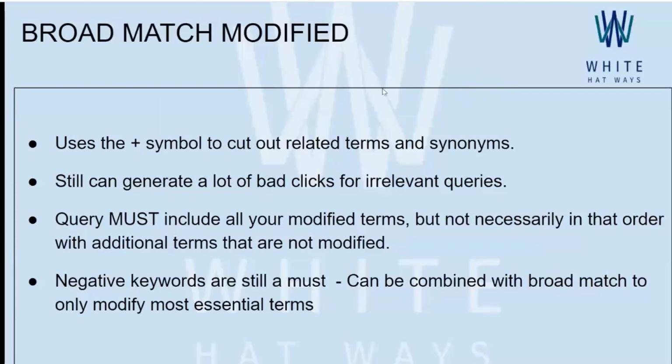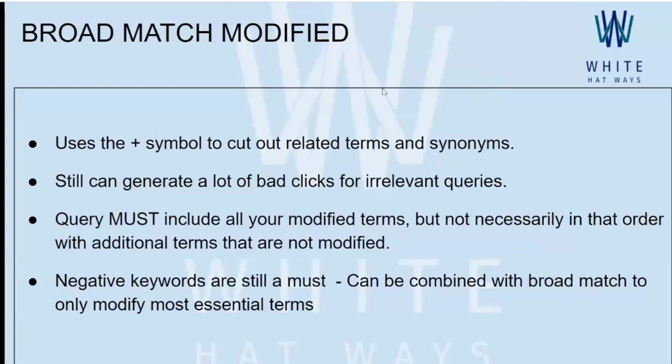So you need to still use a lot of negative keywords along with such match types which are broad match modified types. These are the match types which use plus symbol. They generate a lot of bad clicks still, and they also do not appear necessarily in that very order. So order is not taken into consideration. Learn digital marketing, if at all these are the modified terms.